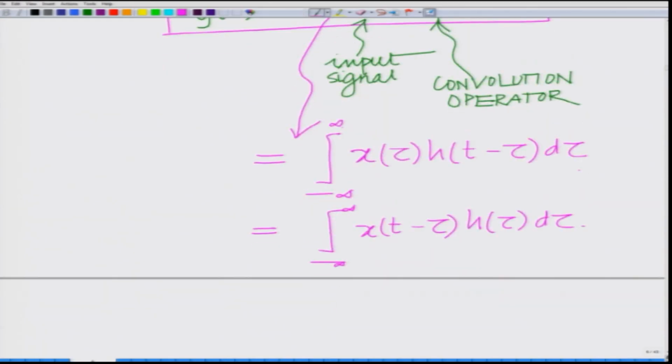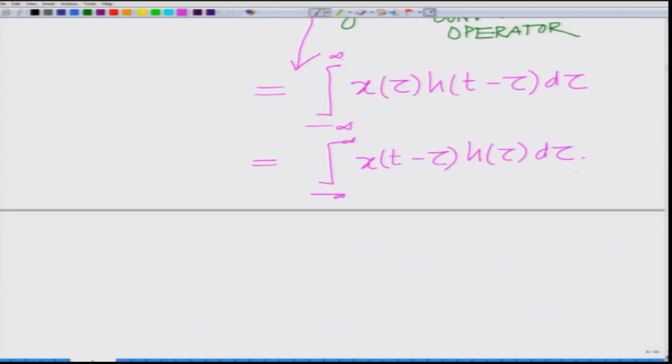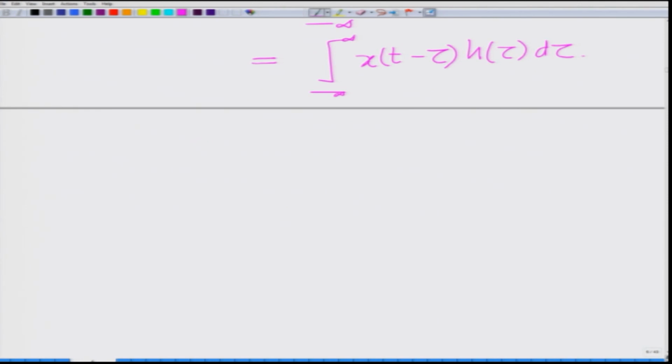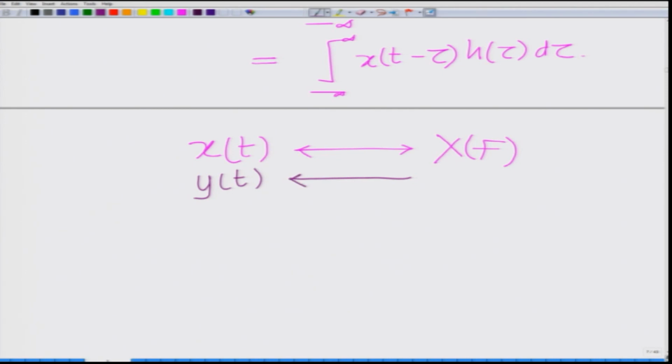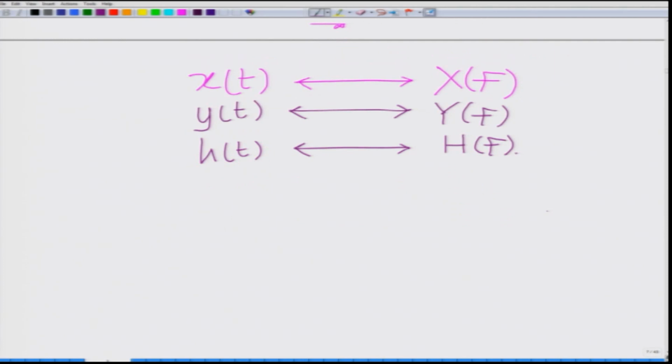If I consider the Fourier transform of the input and the output, let x(t) be a Fourier transform pair with X(f), and the output y(t) be a Fourier transform pair with Y(f), that is the Fourier transform of y(t) is given by Y(f). The Fourier transform of the impulse response h(t) be given by H(f).